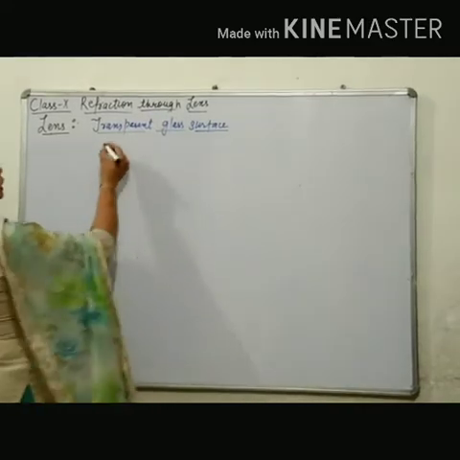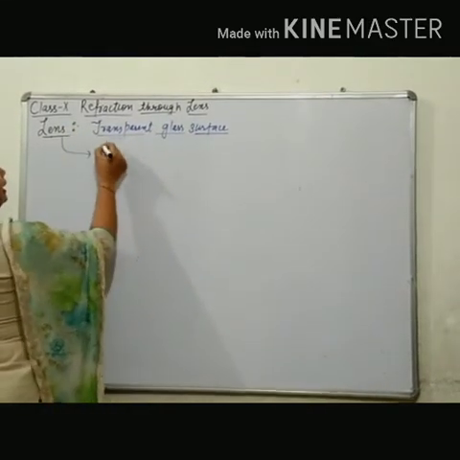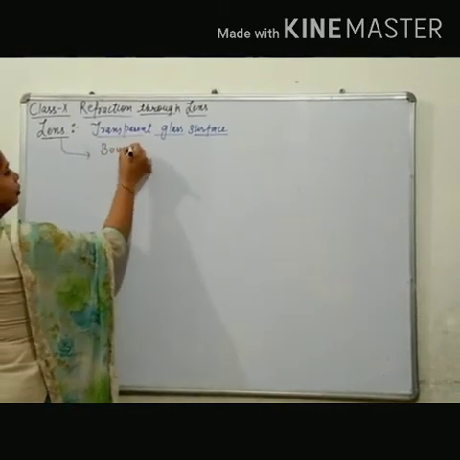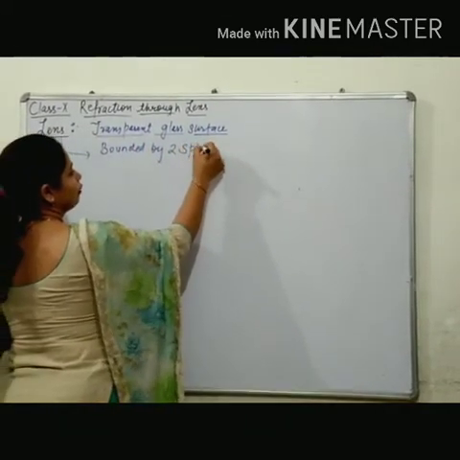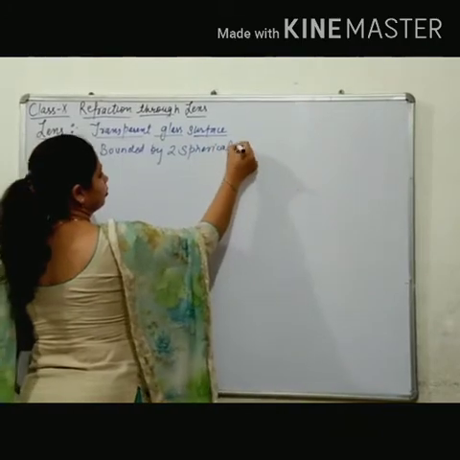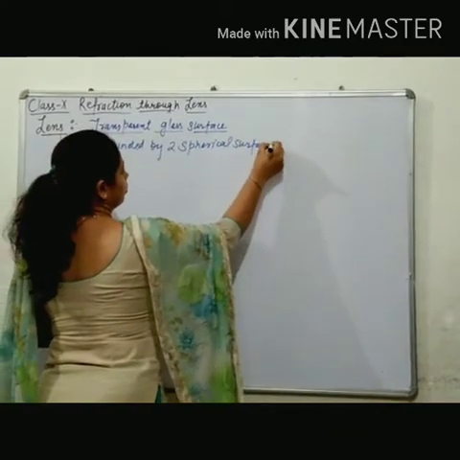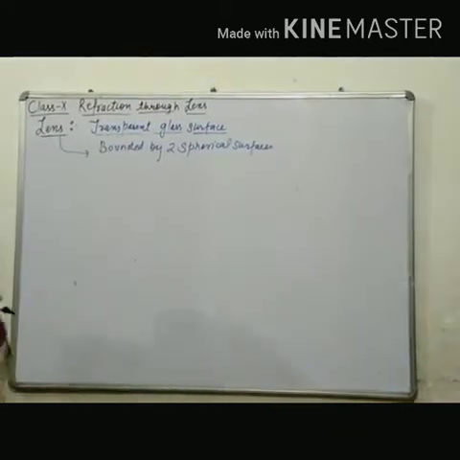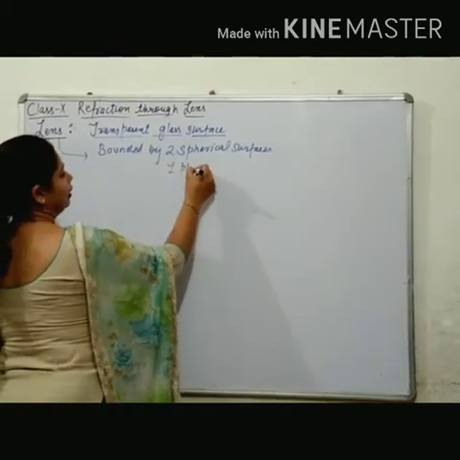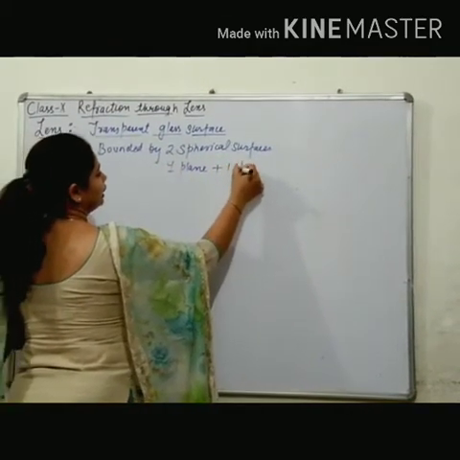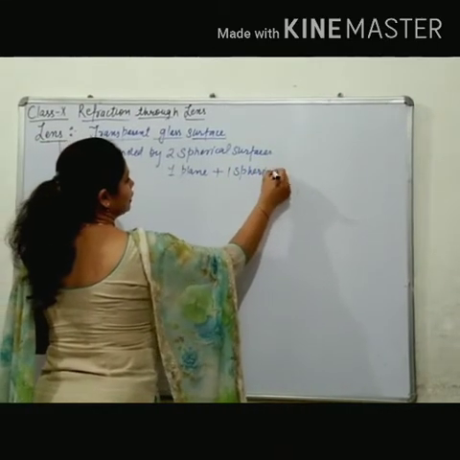But its speciality is that it is bounded by two spherical surfaces. Sometimes it is having one plane plus one spherical surface.